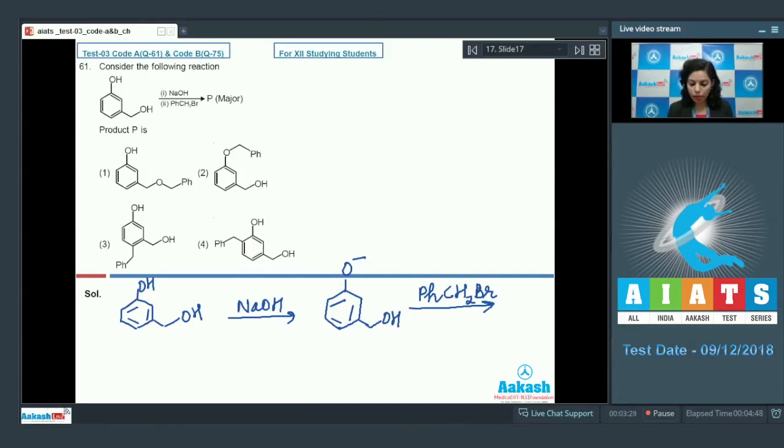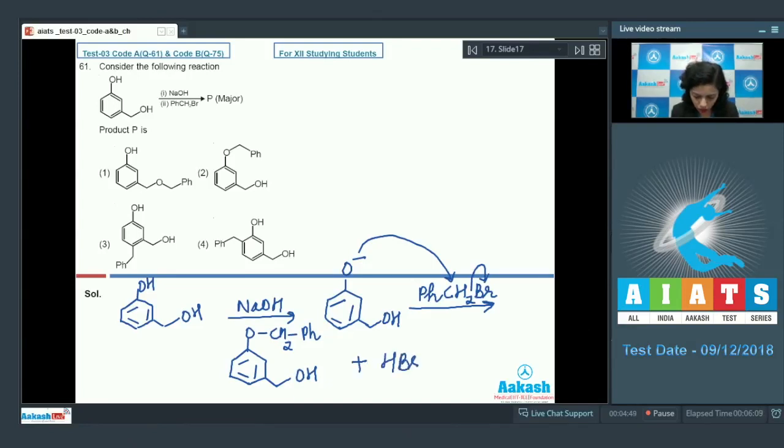This is a substituted benzene that you're just going to use as the reagent here. Further, in this case, the reaction will take place in this manner, and this is the product. Along with that, HBr is also formed.